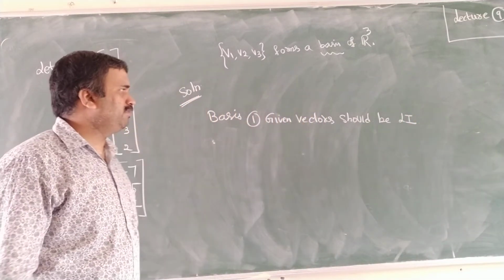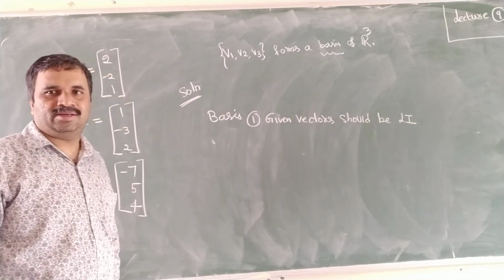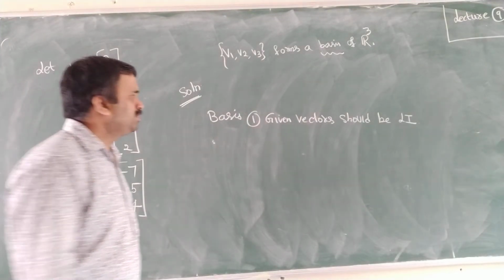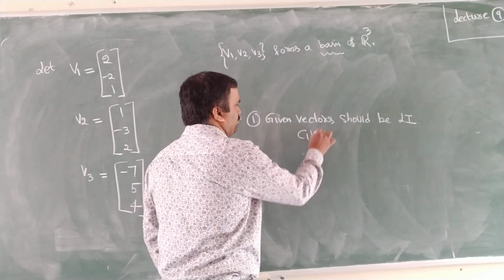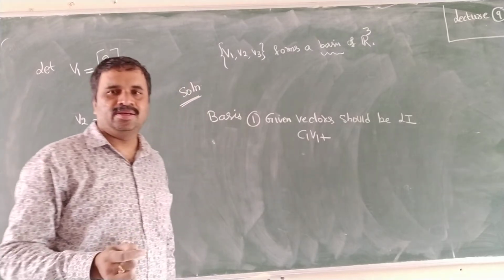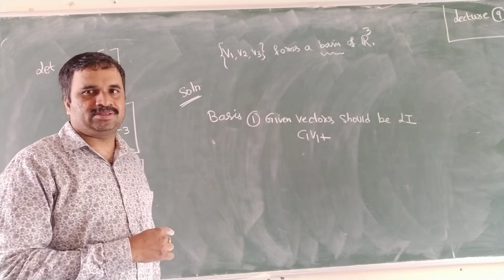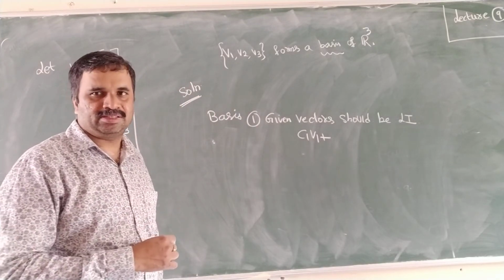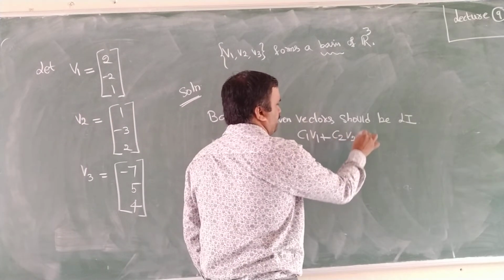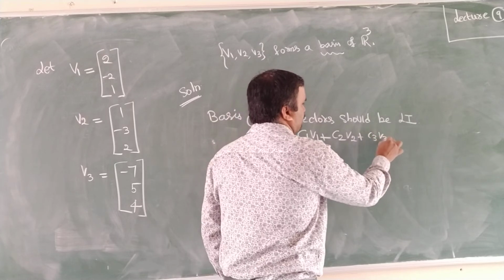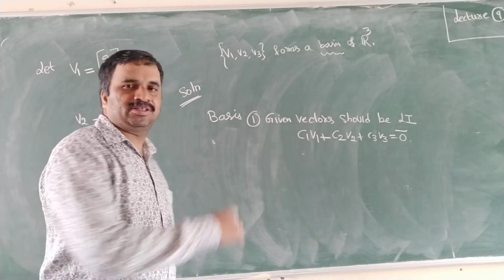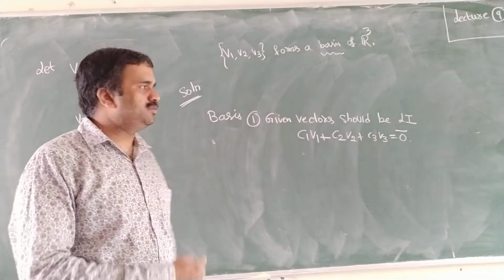We already know how to prove linear independence. Simply consider C1 V1. Here we have three vectors, so three coefficients will exist. So we can write the linear equation as C1 V1 plus C2 V2 plus C3 V3 equal to 0, a homogeneous equation.